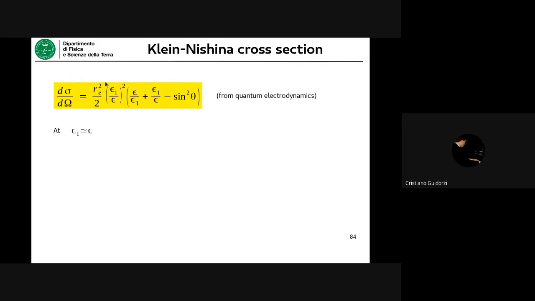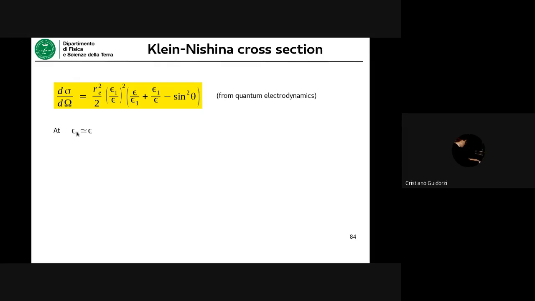This is correct regardless of the energy of the photon. So when you consider the range of Thomson scattering, where the energy of the photon doesn't change, you should recover what you already know from Thomson scattering.